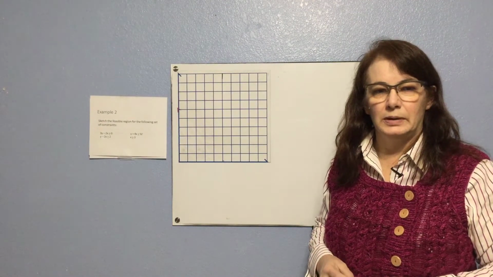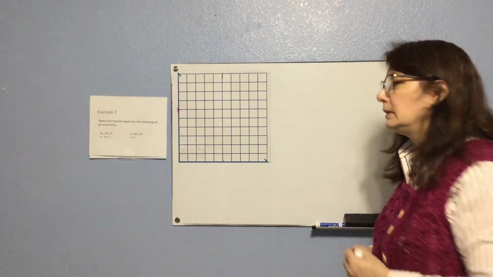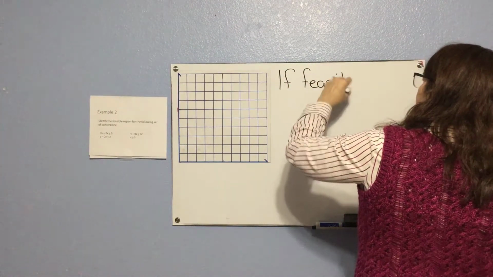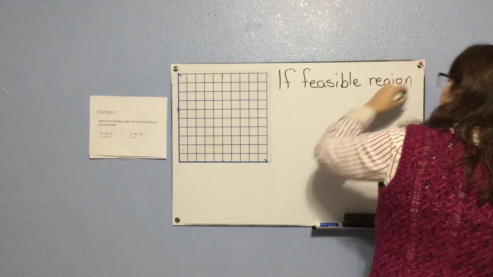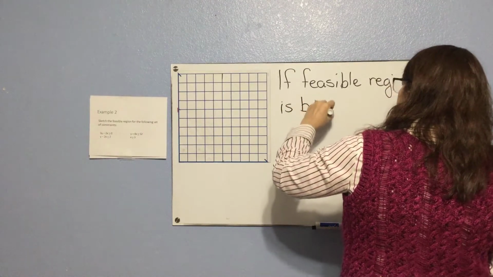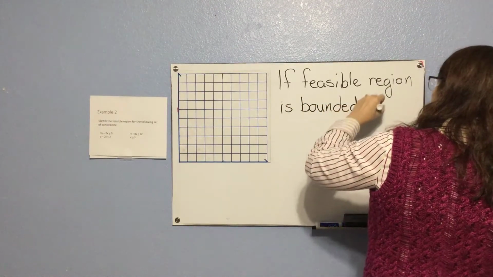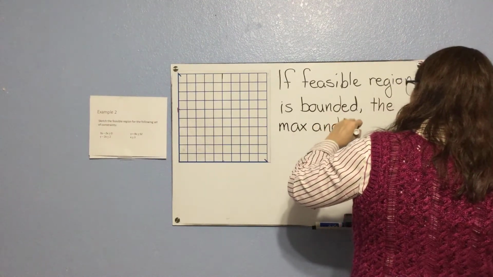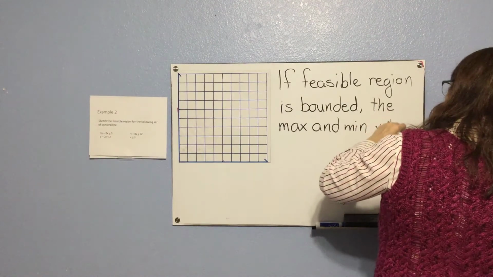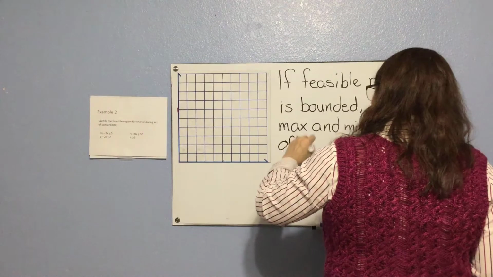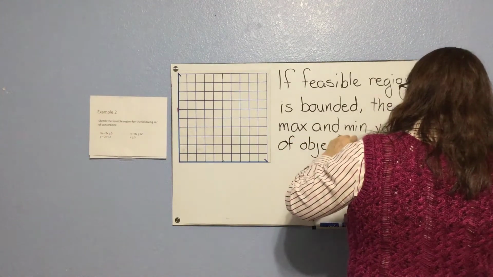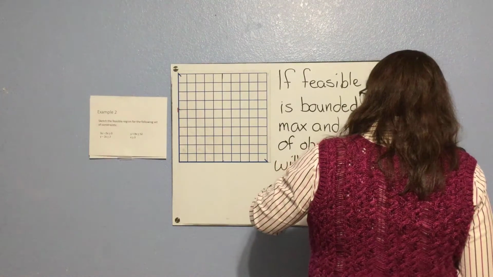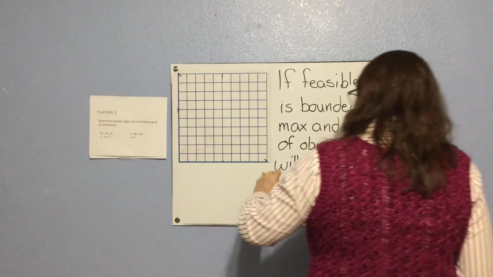Before we go on with example 2, I'd like to introduce you to the corner point theorem, which says that if the feasible region is bounded, which means it's completely enclosed, the max and minimum values of the objective function will occur at corner points.